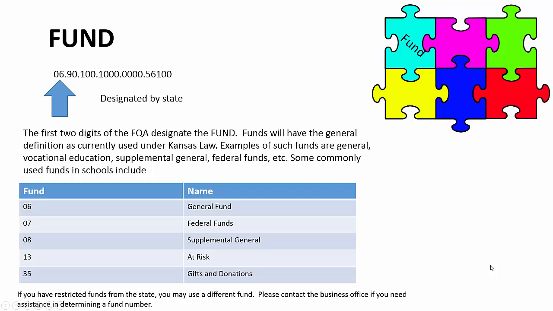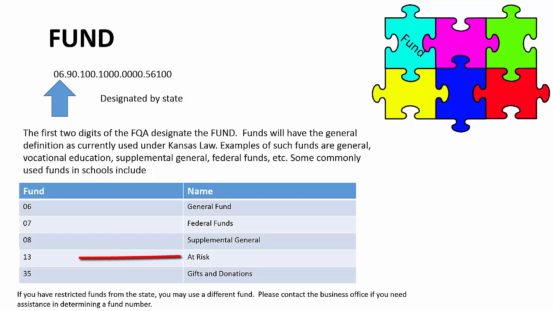The fund, which is the first 2 digits of the fully qualified account, will have the same general definition as currently used under Kansas law. Examples of commonly used funds in schools might include the general fund, which is 06, federal funds, which is 07, and would include your Title I funds, your priority focus funds. 08 represents the supplemental general fund, commonly known as the local option budget.